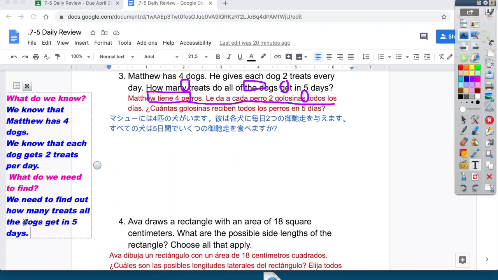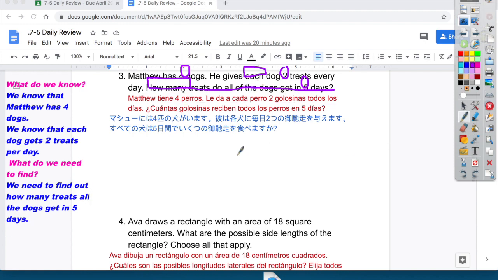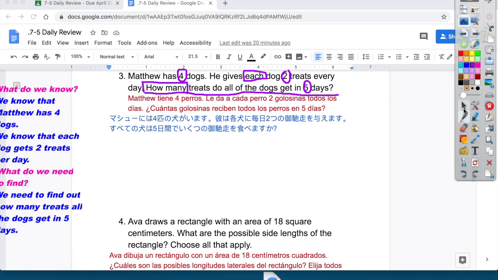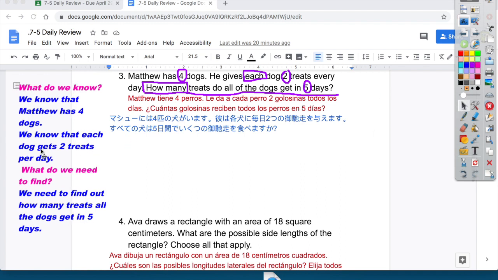Okay? So in 5 days, how many treats do all the dogs get? All right, so over here, let me just move this over. This is a bit of a pain. All right, so over here, we're going to run through everything that we know and what we need to find out to help us solve the problem.